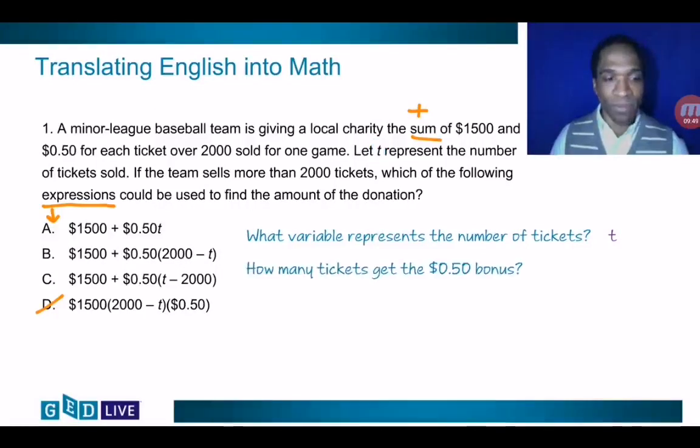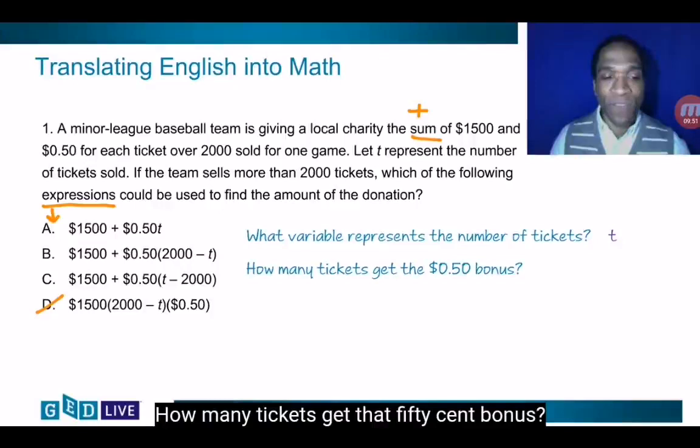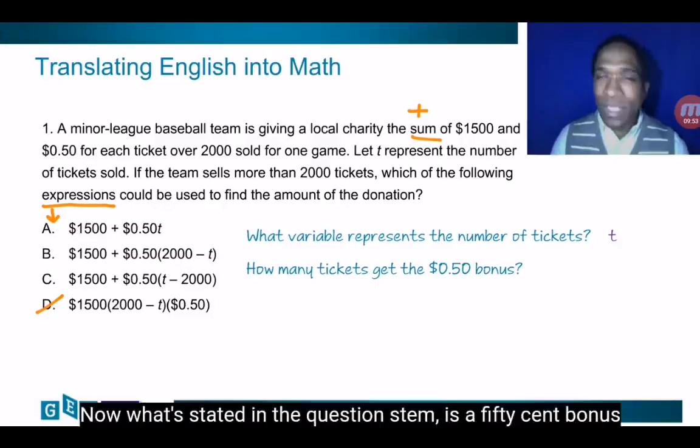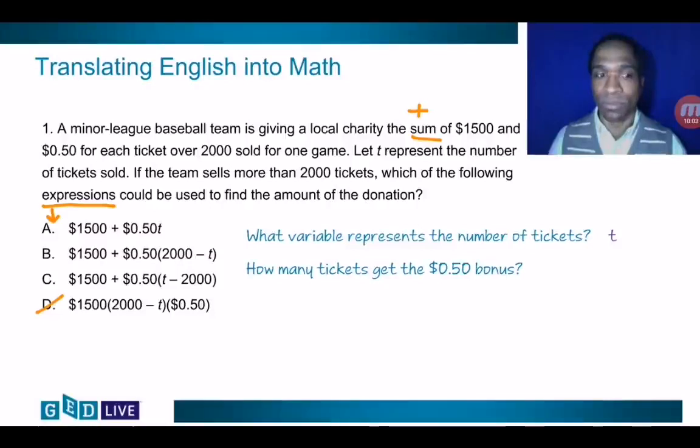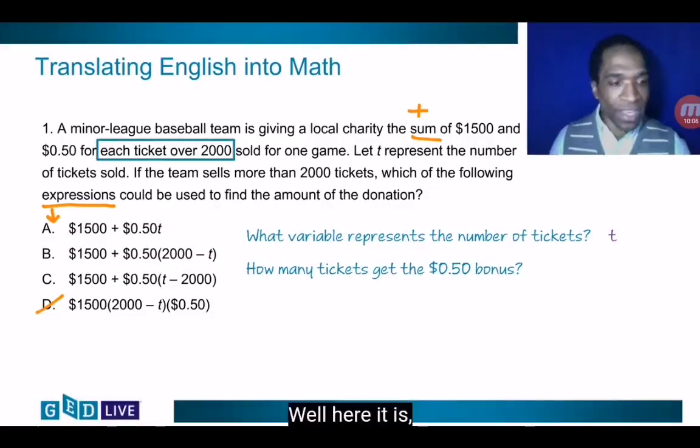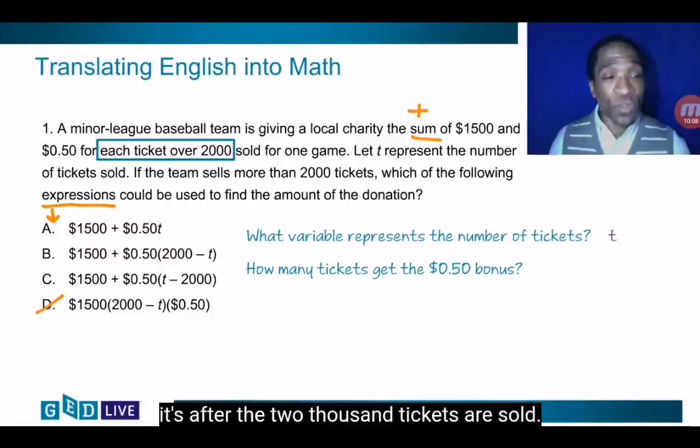Now we can focus on what $1,500 should be added to, which means that we should focus on this specific question. How many tickets get that 50-cent bonus? Now, as stated in the question stem, there's a 50-cent bonus for each ticket that's sold after how many tickets sold? Well, here it is. It's after the 2,000 tickets are sold.